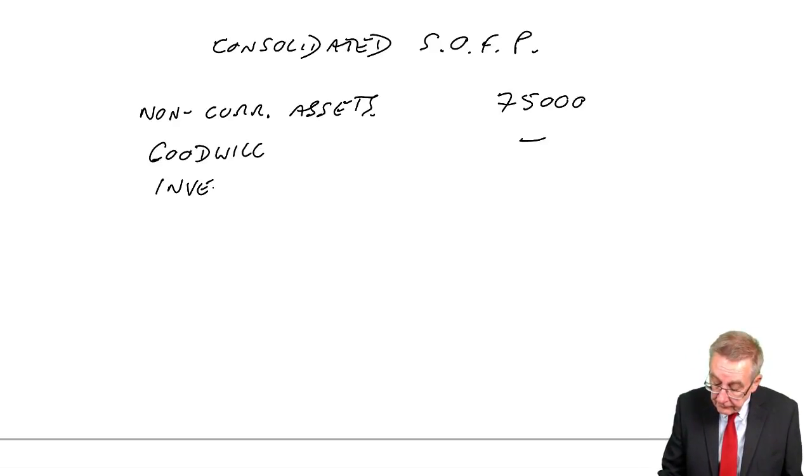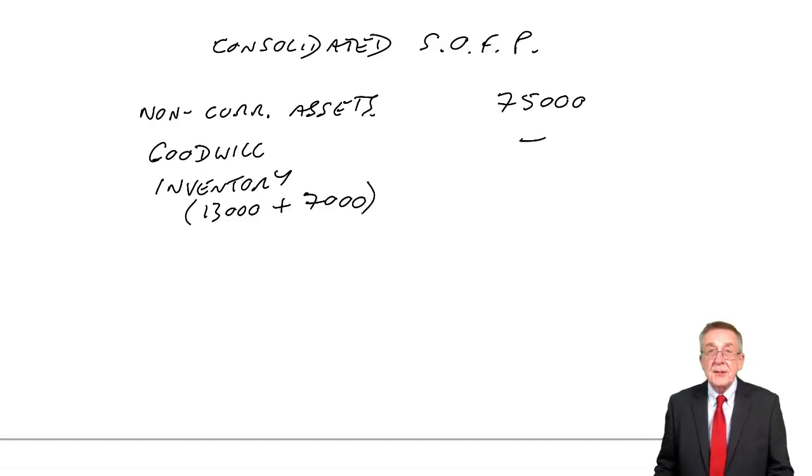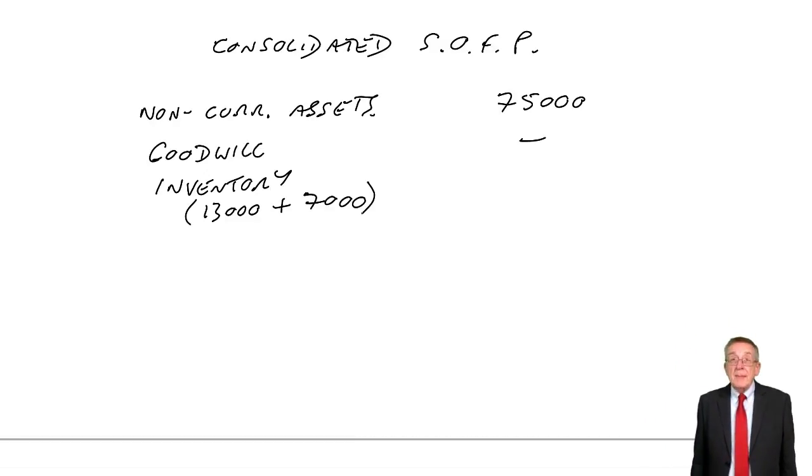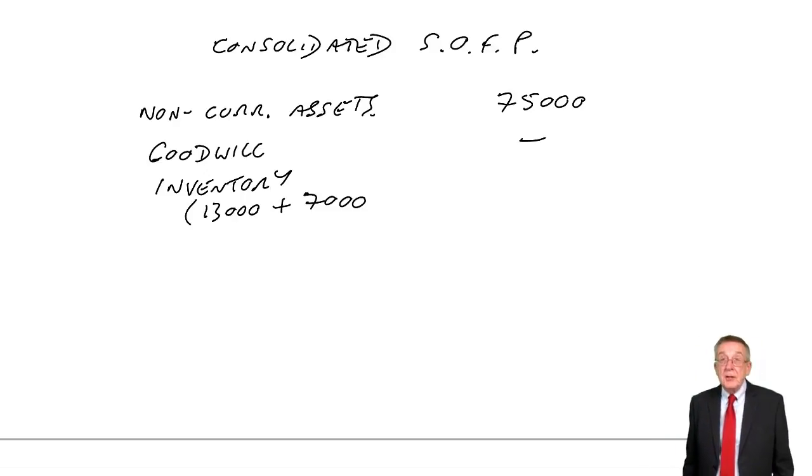Inventory basically add up to 13,000 in P and 7,000 in S. But remember that 13,000 in P will have been at cost to P and will include those goods they bought from S, which had cost them 6,000.